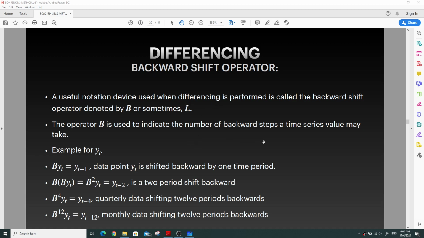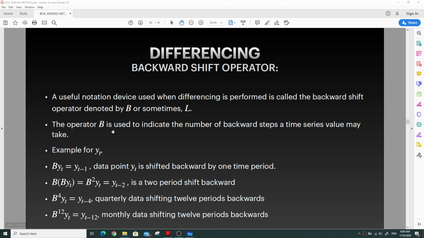So what does this B operator indicate? Suppose that we say BYt. BYt is actually Yt minus 1. What if B squared Yt? It is actually Yt minus 2.